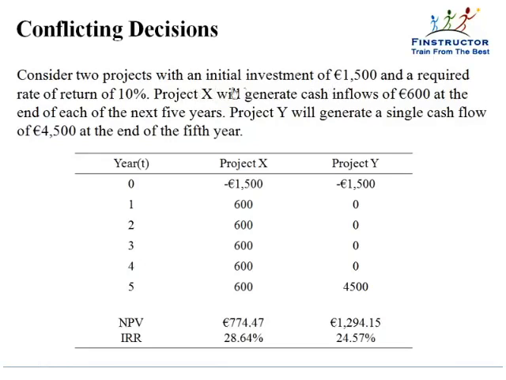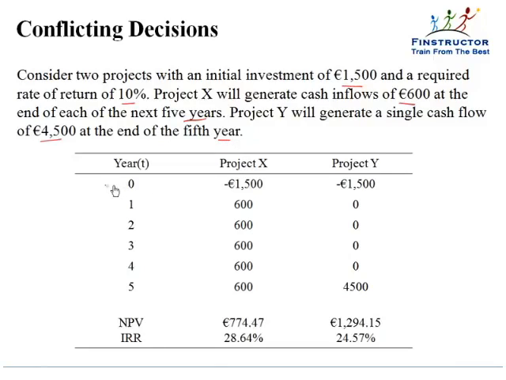So consider two projects with an initial investment of 1500 euros and a required rate of return of 10%. Project X will generate cash flows of 600 euro at the end of each of the next 5 years. Project Y will generate a single cash flow of 4,500 euros at the end of the 5th year.